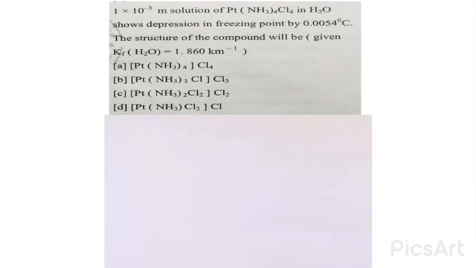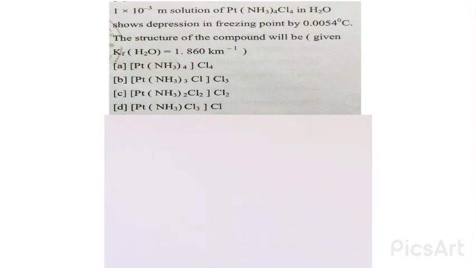1 into 10 raised to minus 3 molar solution of a compound in H2O shows a depression in freezing point of 0.0054 degree. We have to determine the structure of the compound and there are 4 options. Based on these 4 options, these are coordination complexes and their number of ions dissociated will be different.